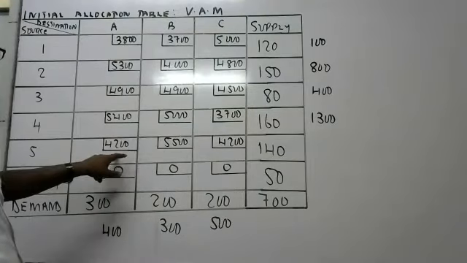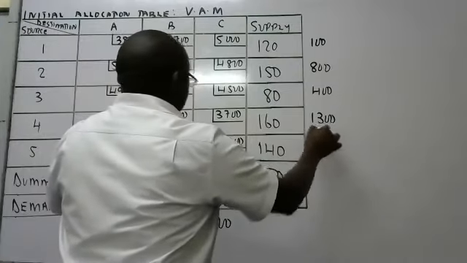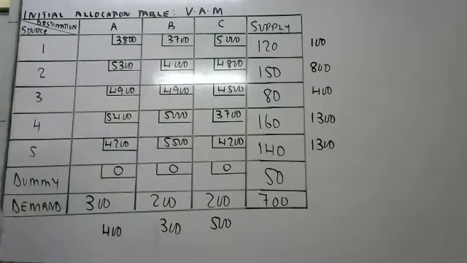This one, 42 and 55, a penalty of what? A penalty of 1,300.